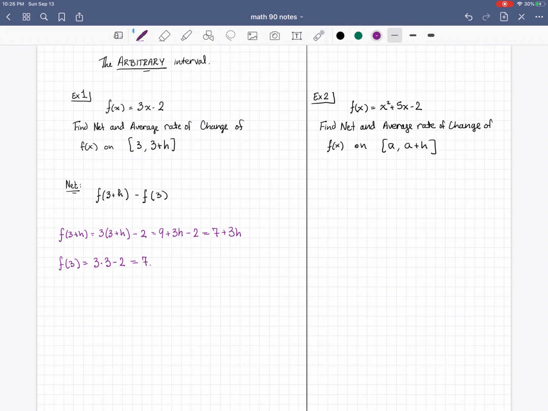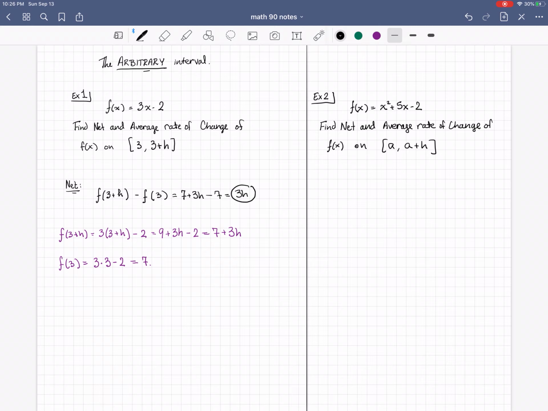So if we look at f of 3 plus h minus f of 3, we have 7 plus 3h minus 7, the 7's cancel, and we have 3h.